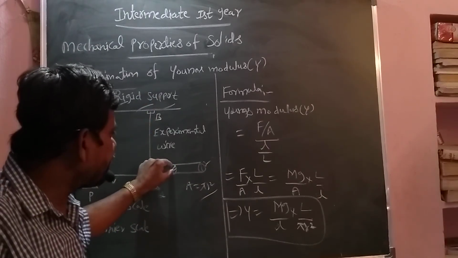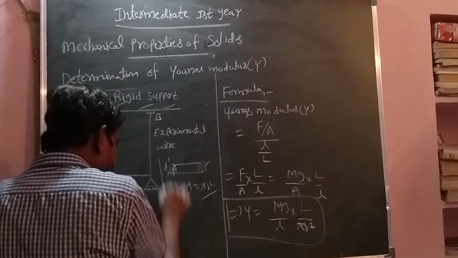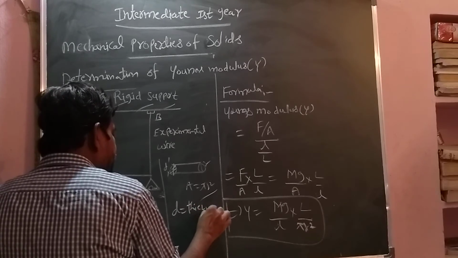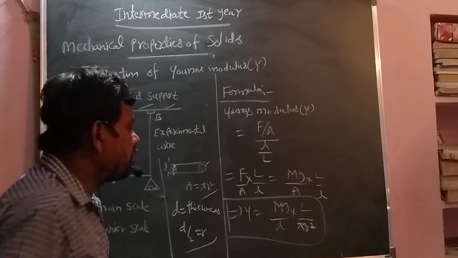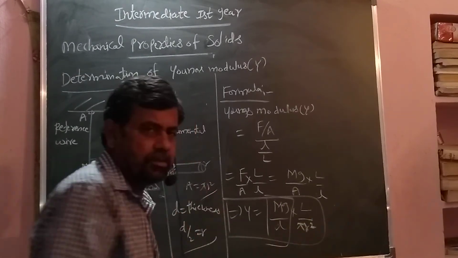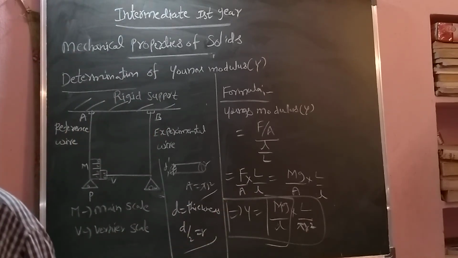D by 2 gives r. So I have found the r value and the L value, and the mg by l value directly from the graph. Substituting all values, we get Y. What is capital Y? The Young's modulus of the given metal. This Y is made by some metal; that Y goes to that metal only. So in this way we are finding the Young's modulus. This is the experiment to find the Young's modulus.